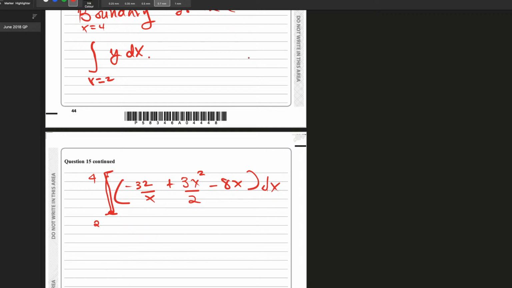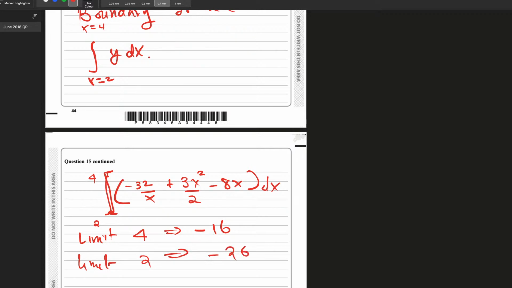So we substitute 4 and 2. The limit of 4 gives us negative 16, and the limit of 2 gives us negative 26.